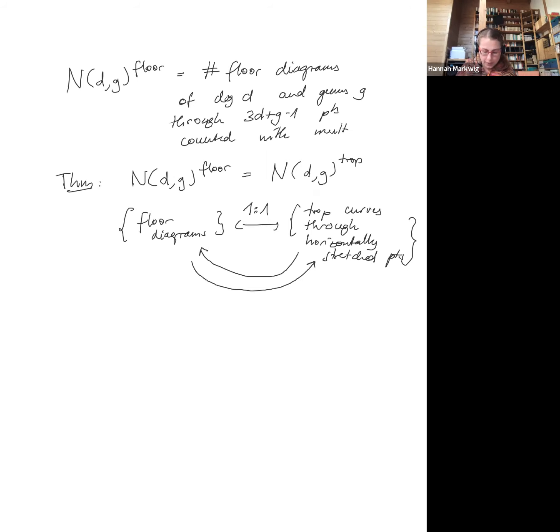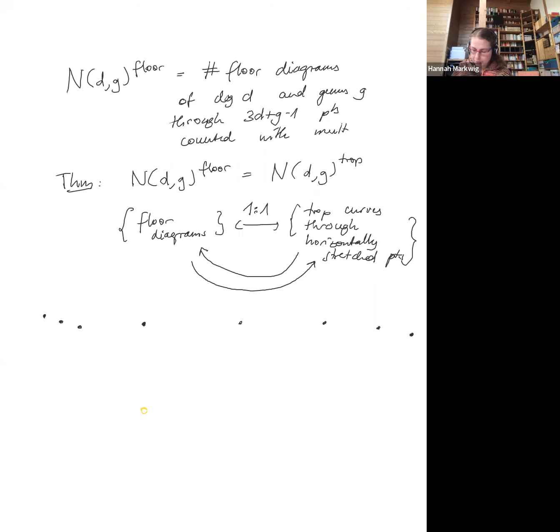So here are my horizontally stretched points. And again, let me choose to let the first 3 be not so far away for reasons of being able to draw. 4, 5, 6, 7. It's always hard to draw, but here are 8 horizontally stretched points. And here's the floor diagram that we looked at before.